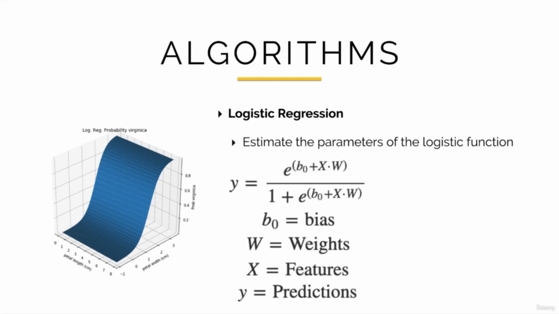What we get from here on the left-hand side is a probability. If at this petal width and at this petal length, what is the probability that given these two values, this is the flower or not?